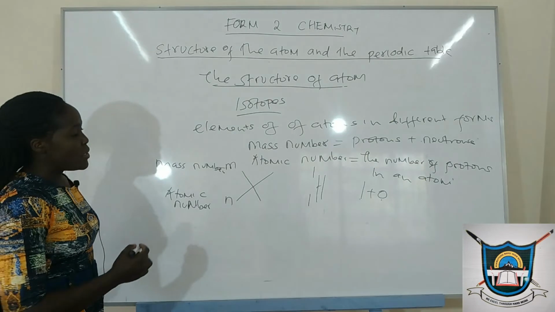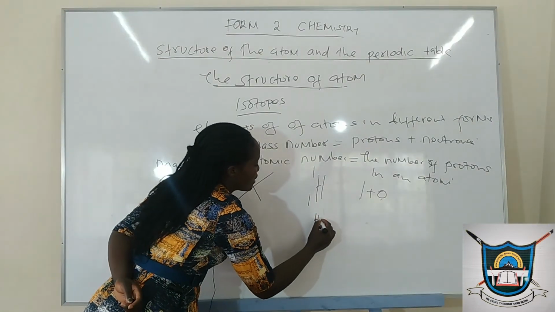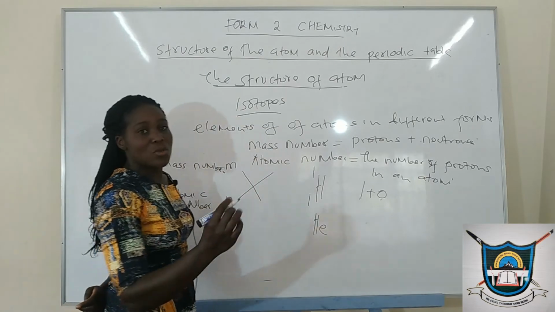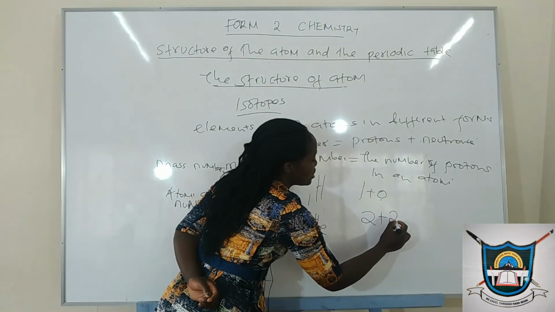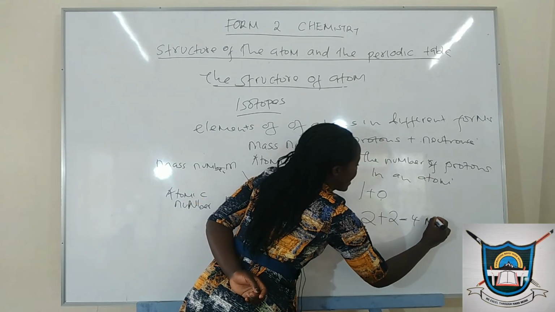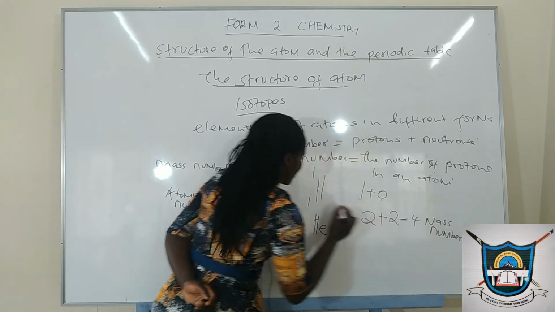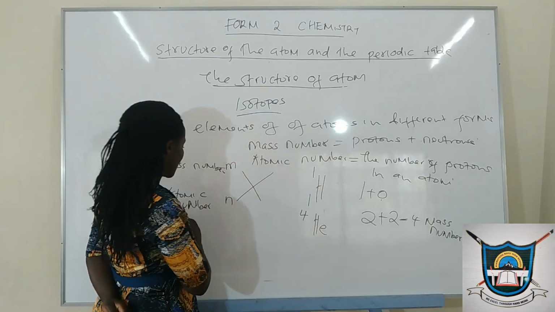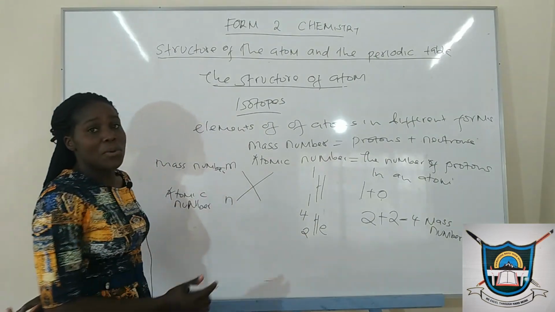We then move to the second one, which is helium. Helium has 2 protons plus 2 neutrons. So 4 is the mass number, and atomic number is the number of protons, which is 2. So that is an isotope of helium.